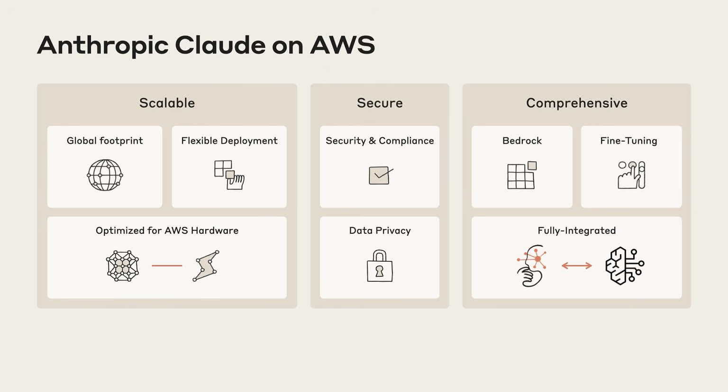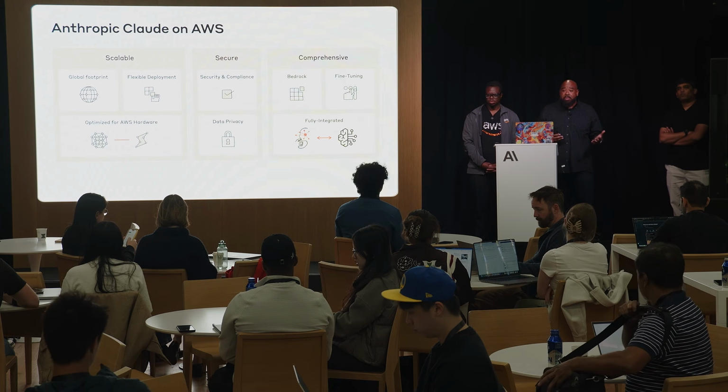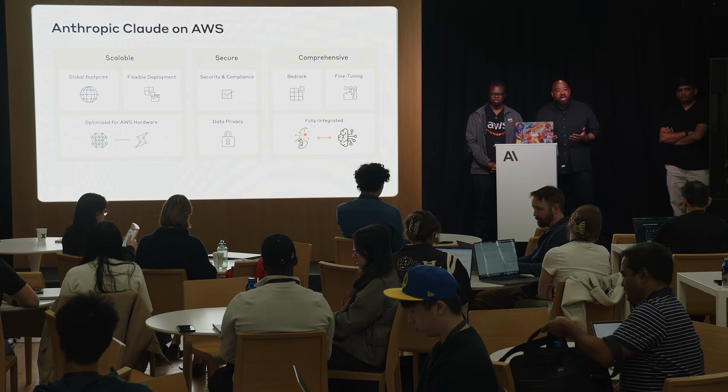And one of the things that I want to talk about is Anthropic on AWS. To do that, we have Amazon Bedrock, which is a fully managed service that provides you access to powerful foundational models like those in the Claude family through a unified API.